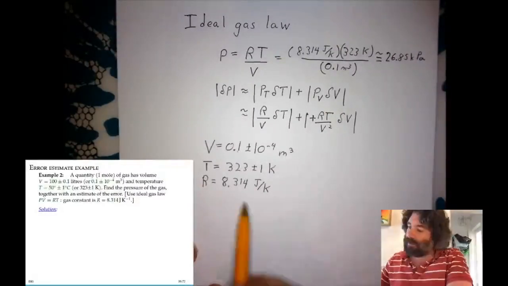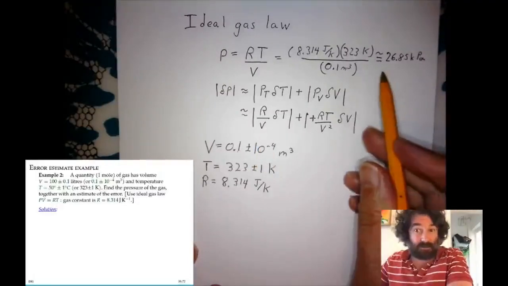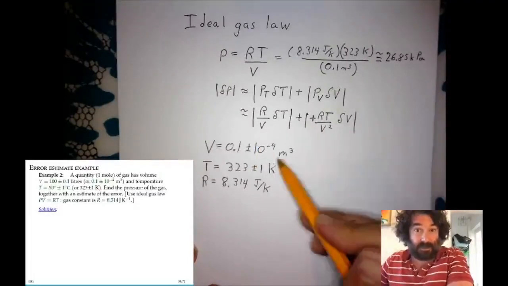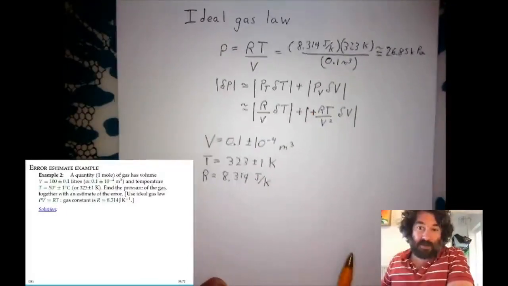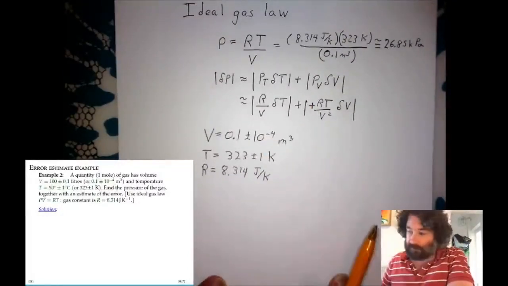Okay, so this is the calculated value of the pressure based on the measurements of the volume and temperature. And then we want to estimate the size of the error in the pressure using this formula.